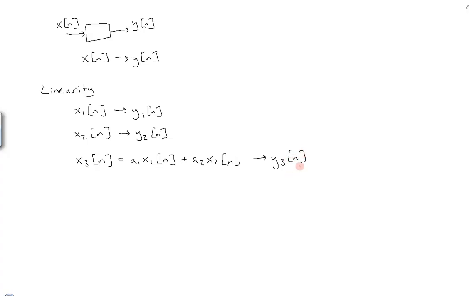Now, if the system is linear, then this output y3 is going to be the same combination of the outputs of the individual signals scaled by their corresponding scalars. In other words, this output should be a1 y1 plus a2 y2 if the system is linear.